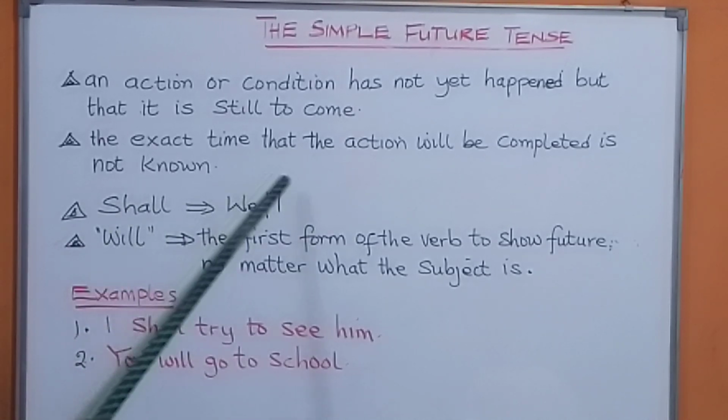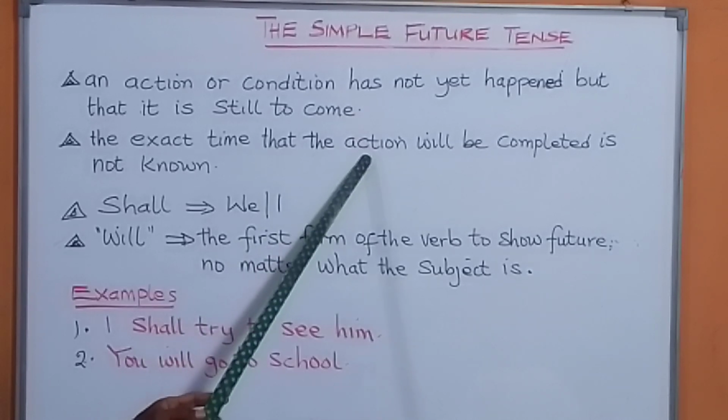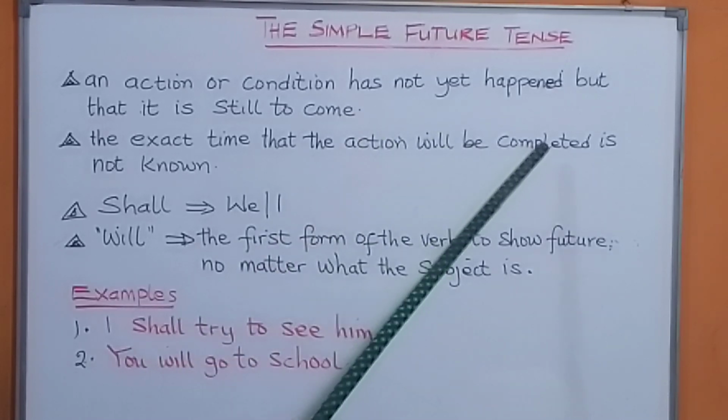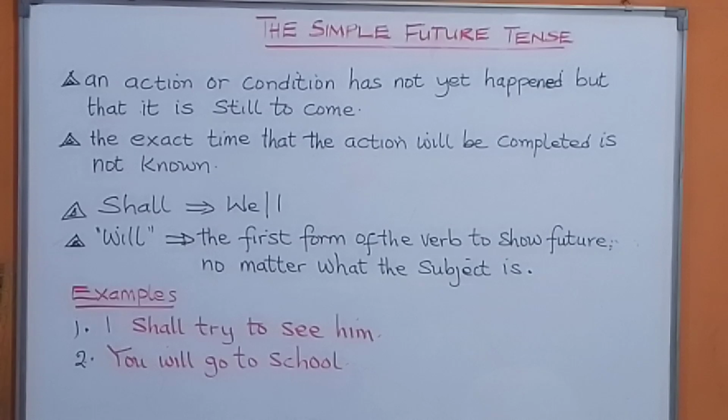But the exact time the action, the condition, the event will be completed is not known. The exact time it will come and when it will be completed is not known.